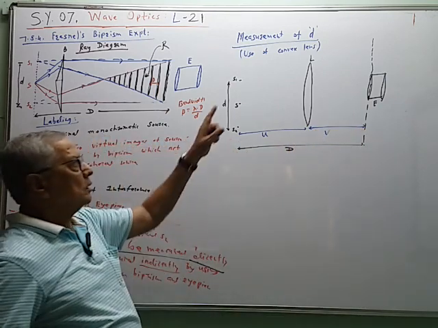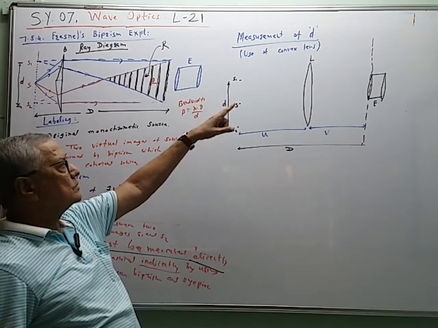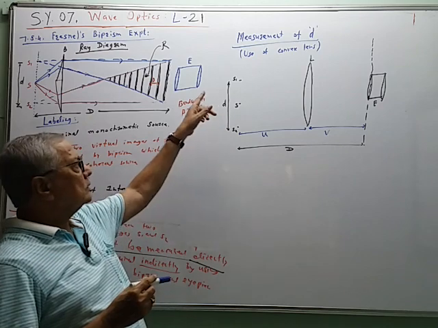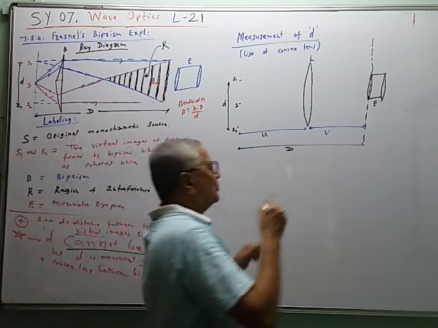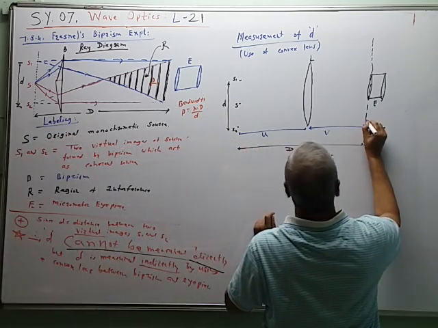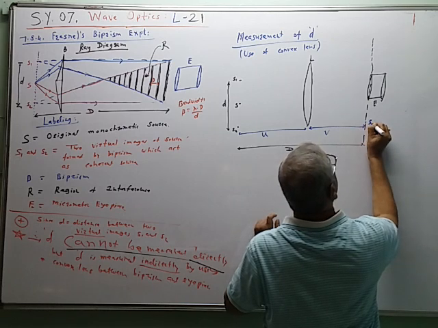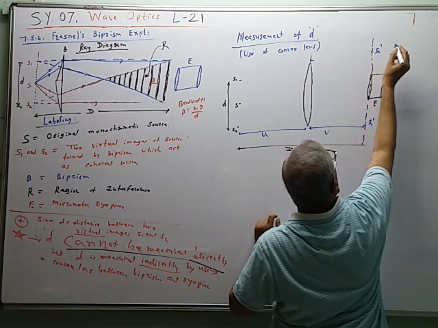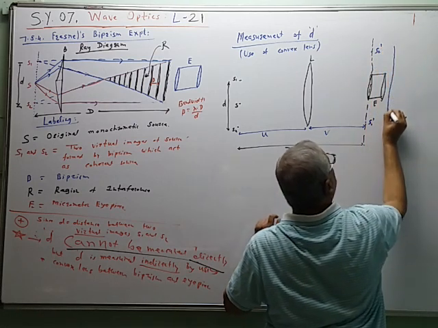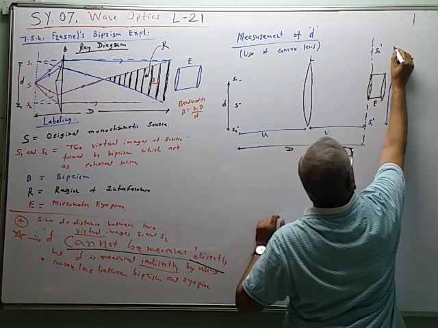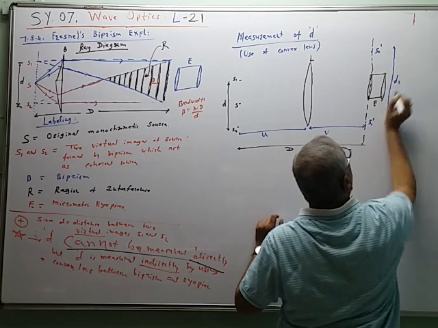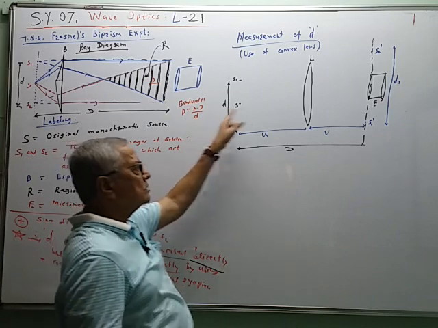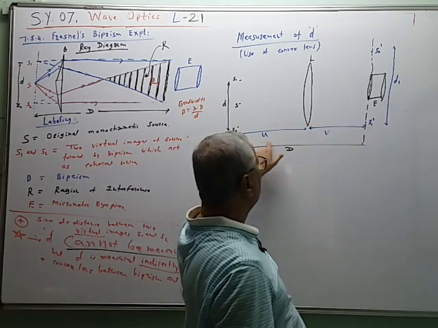Because by using the lens, we get the images of S1 and S2. They are inverted images. So this image is S1 dash, this image is S2 dash, and the distance between S1 dash and S2 dash is, say, d1. So this is the object distance u, this is the image distance v.